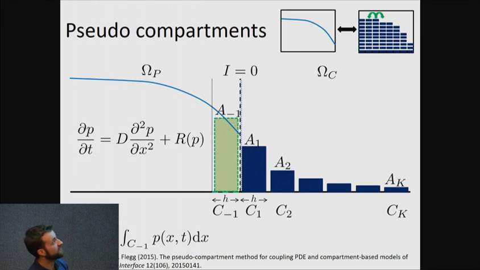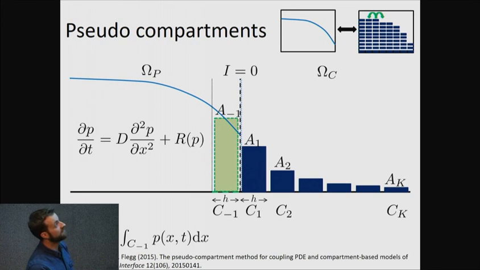And then I make sure that the only way I can do jumping over the interface is according to the compartment-based method, so the stochastic method, the finest grain method in this case. So I can have particles jumping out of this compartment and jumping into here, and if that happens, then all I do is increase the number of pseudo-particles that I have, and I add a boxcar function worth of mass, a single particle's worth of mass as a step function, to the PDE.